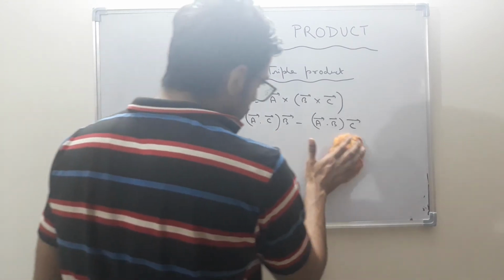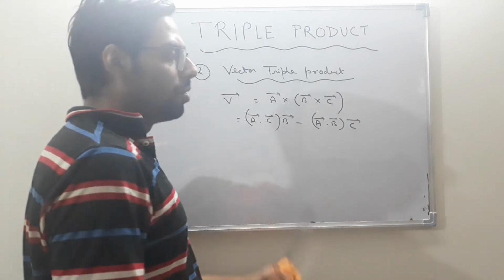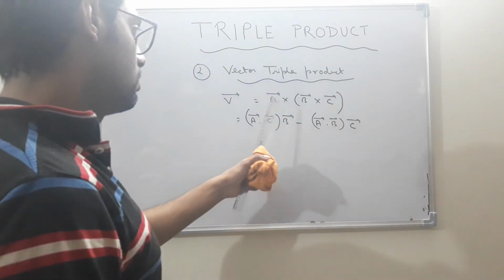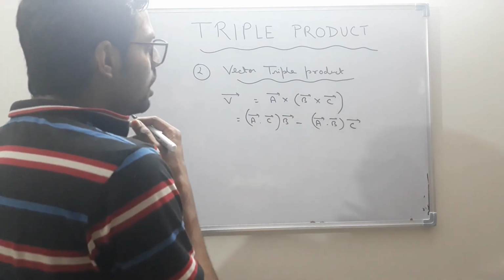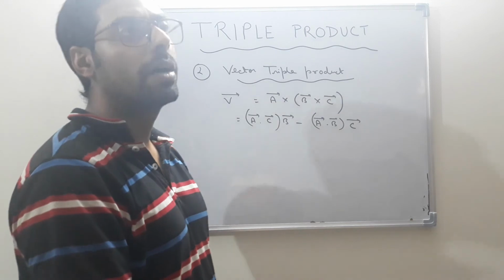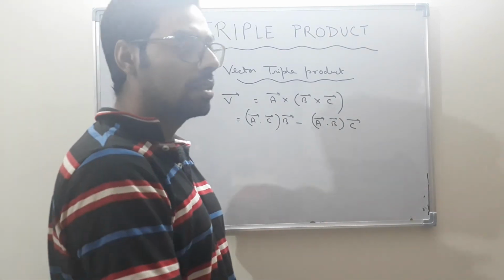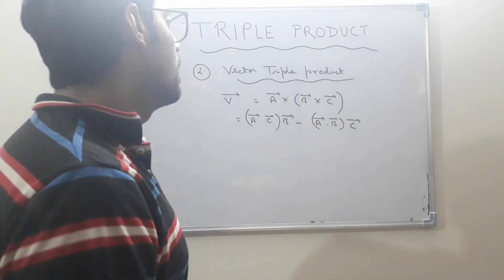Again, what will be its physical application? It finds application in the relation given as centripetal force for point particle rotation. We will discuss it in the next sessions as we move forward.